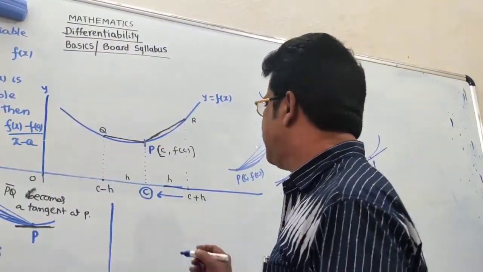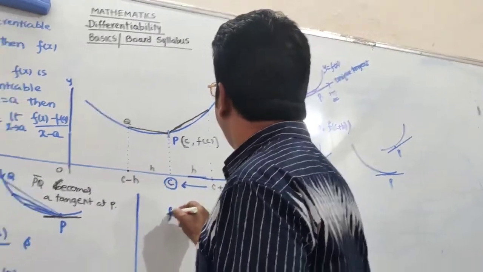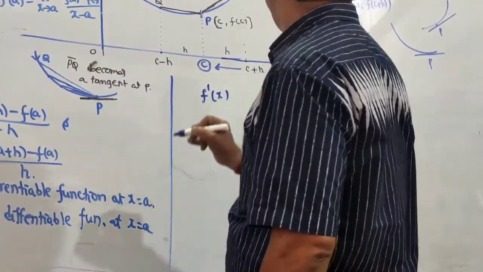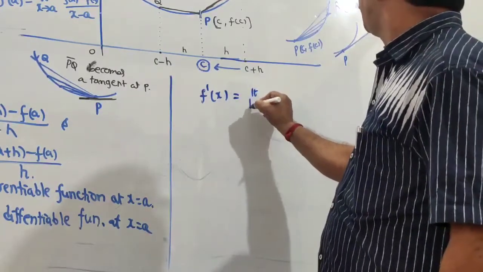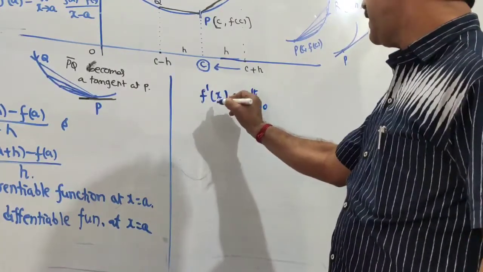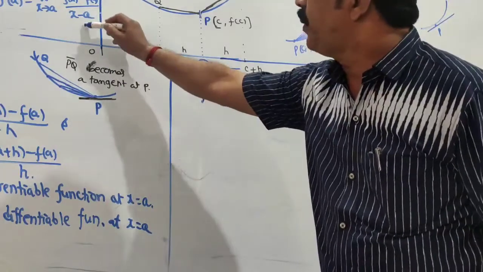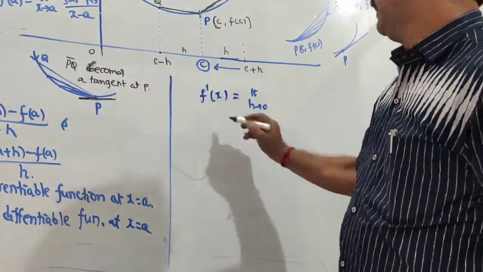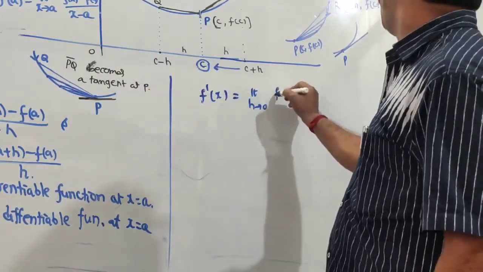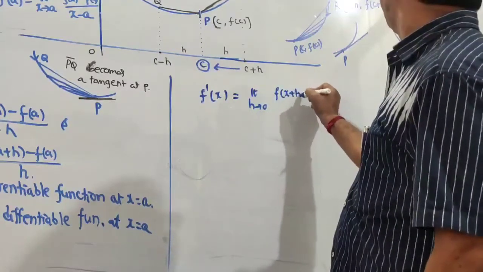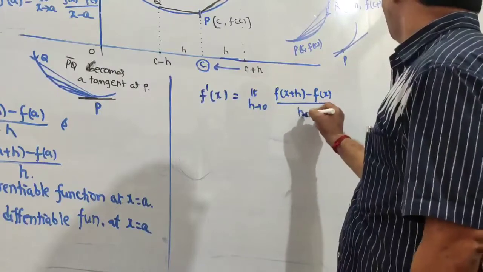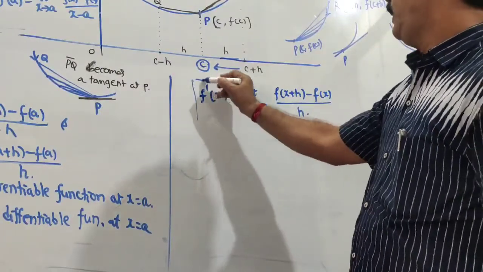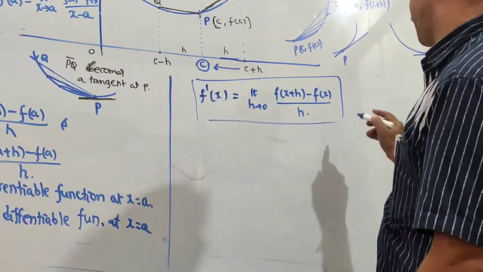Understand? Next, in general, we can write at x, f dash of x means limit h tends to 0, f of x plus h minus f of x divided by h. It is a generalization: earlier it was at a particular point, but now it is at x. It is also one of the formulas or definitions.